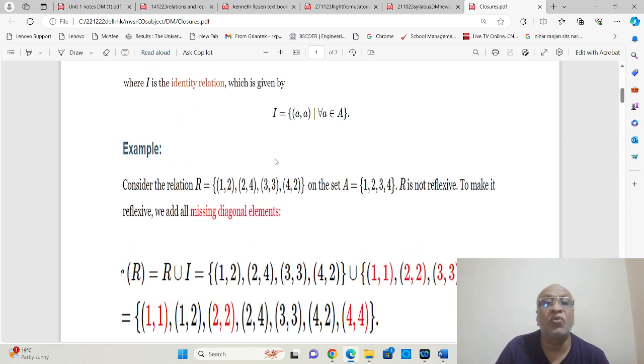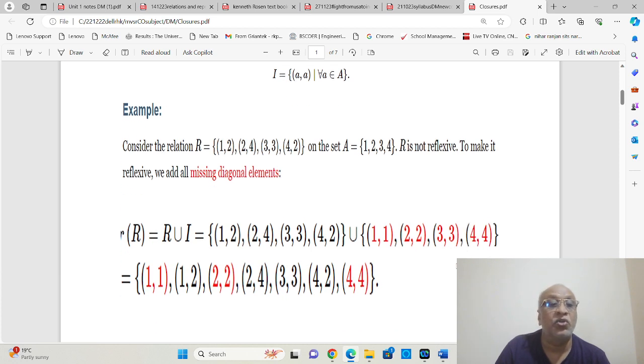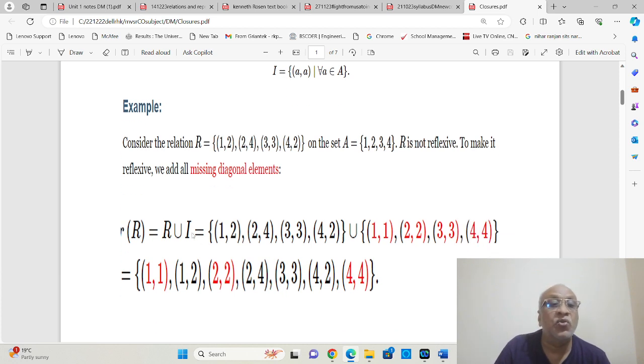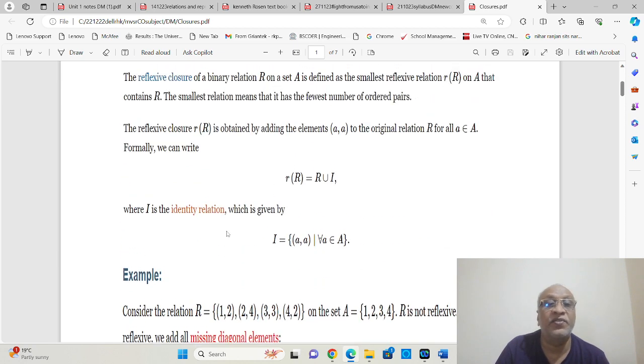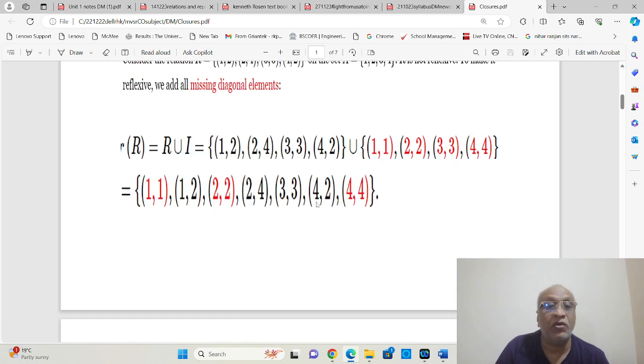So basically to this relation I am adding 1 comma 1, 2 comma 2, 3 comma 3, 4 comma 4. So R union I, that's the definition of reflexive closure. So it has the fewest number of ordered pairs. Got this?